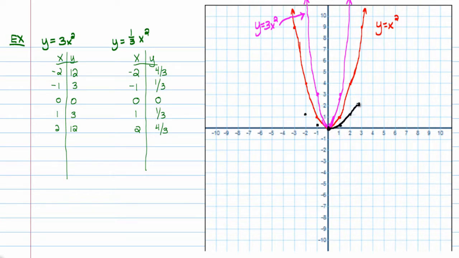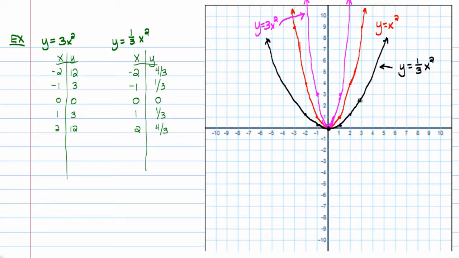you see that this curve is not as steep as y equals x squared, and in fact it's definitely not as steep as y equals 3x squared. So the black curve here is y equals 1/3 x squared. Now comparing each of those, you could easily see that, well, look, that 1/3 is wider. That's what a lot of students say, but I'm going to say that it's not wider.